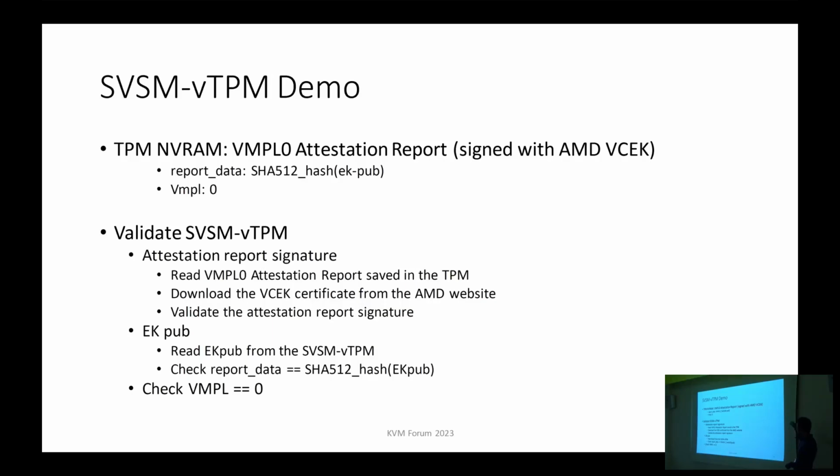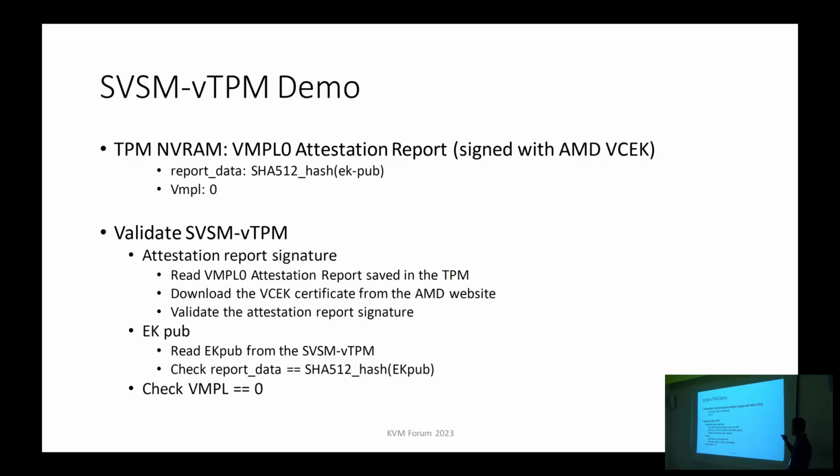We need to go to the AMD website and download the key that we expect this attestation report to be signed with, and then validate the signature. Once the attestation report is valid, we can check its content.